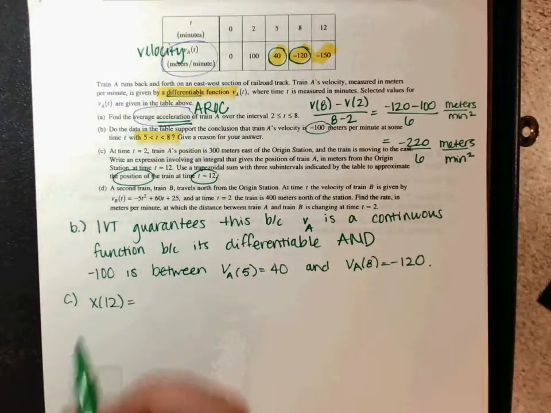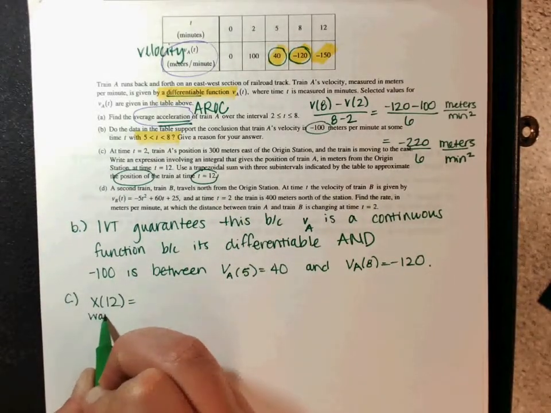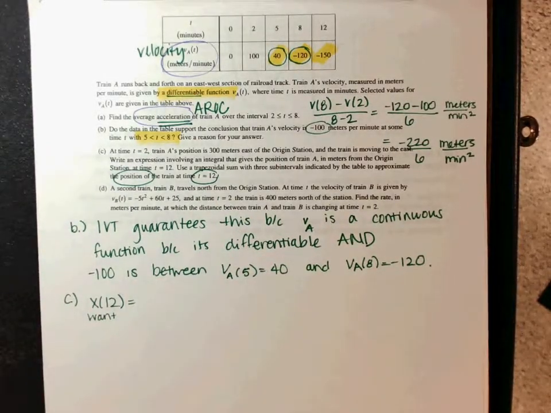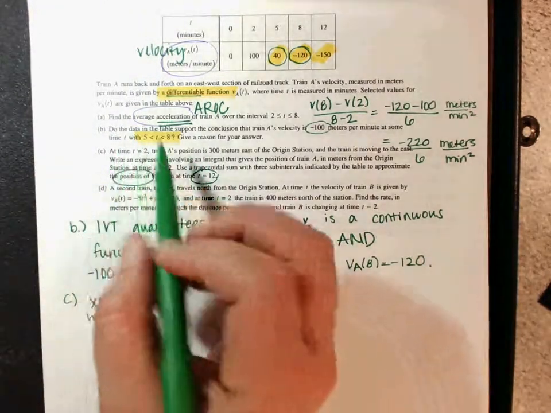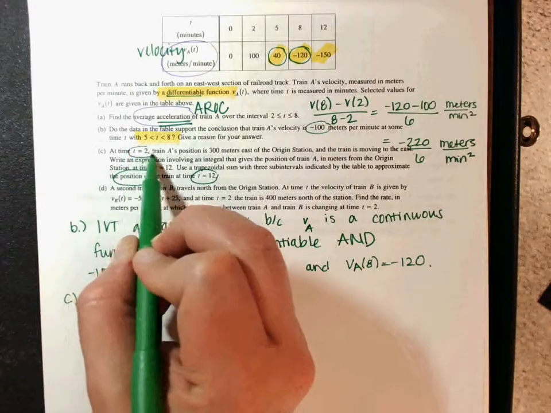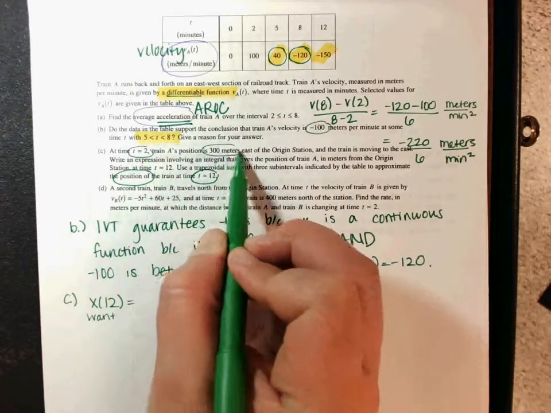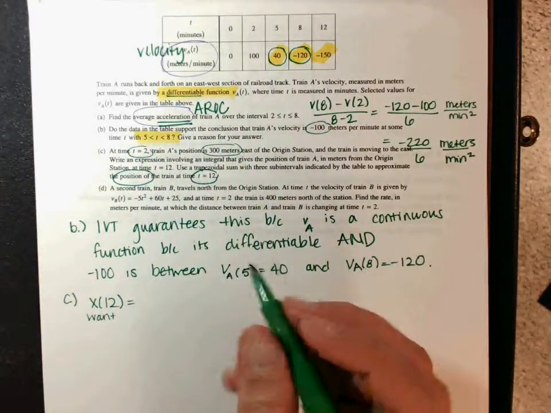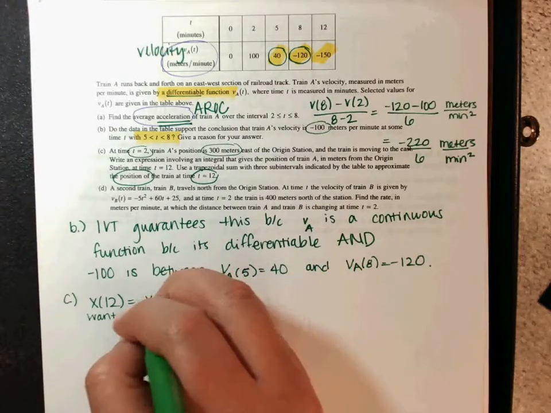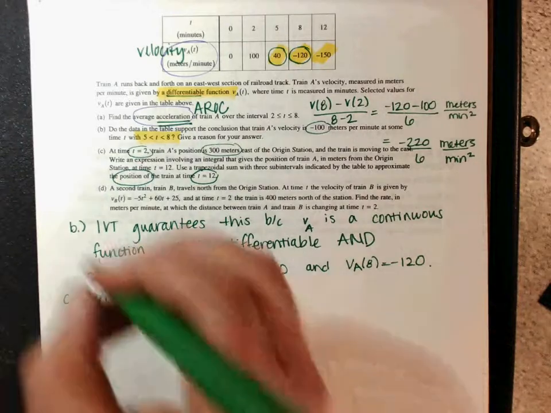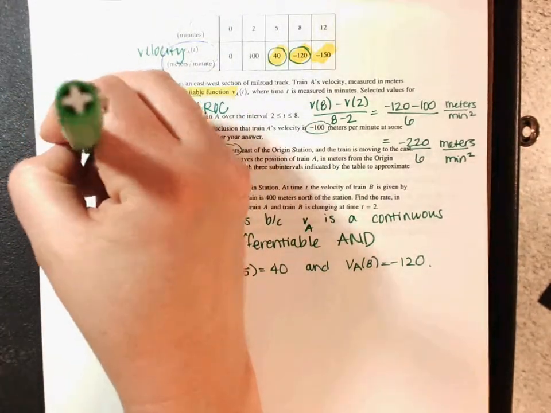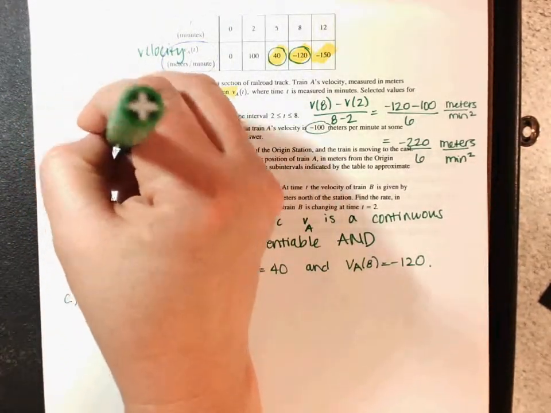Now, remember, this is what I want. Then there had to be a position that I already have. So go back and read this sentence right here. It says at time 2, the position is 300 meters east. So that means that my X of 2 is 300. So I'm going to write that maybe over here to the side. X of 2 equals 300.